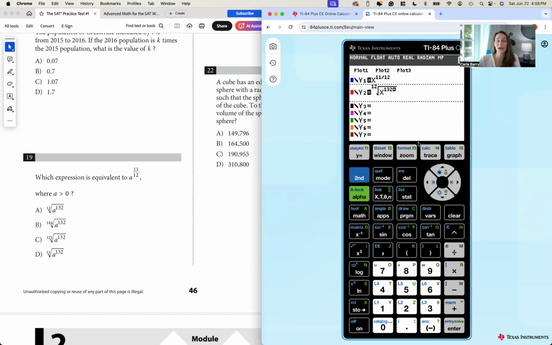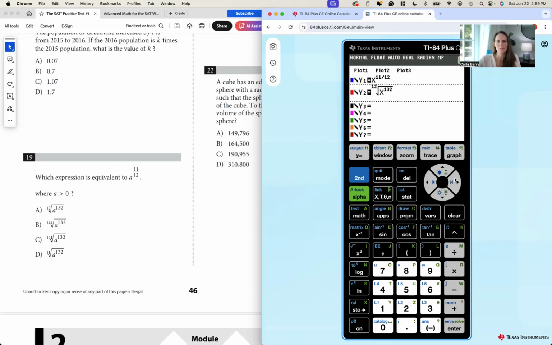And mind you, my Core Concepts handout does have on there how to simplify these. So a to the 11/12 would be the root is 12, and the variable's exponent is 11. And for all of these, you could turn them into fractions too for fractional exponents. I'm going to graph that. Oh, those graphs don't overlap. So it can't be answer choice A.